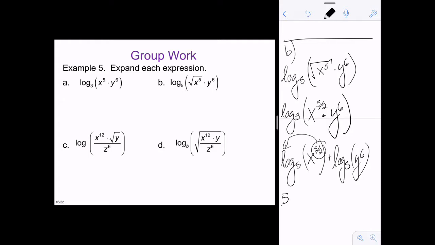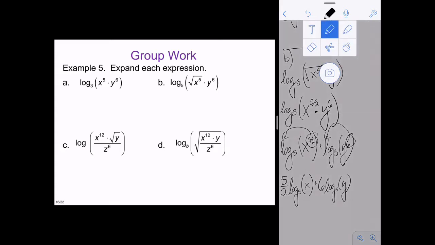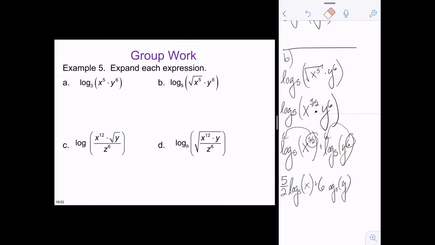So I have 5 halves times log base 5 of x plus, I'm going to take this 6 and pop it right out, 6 times log base 5 of y. My notation got a little weird right there.